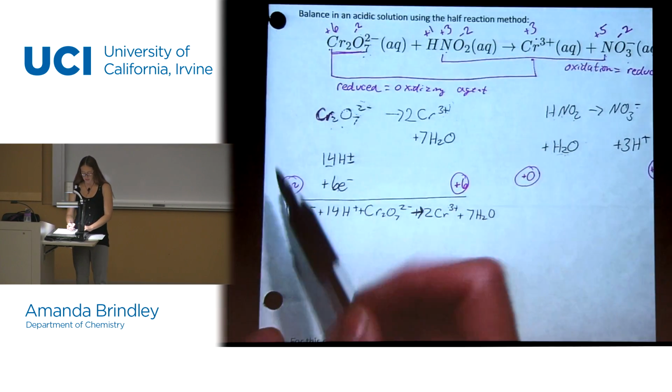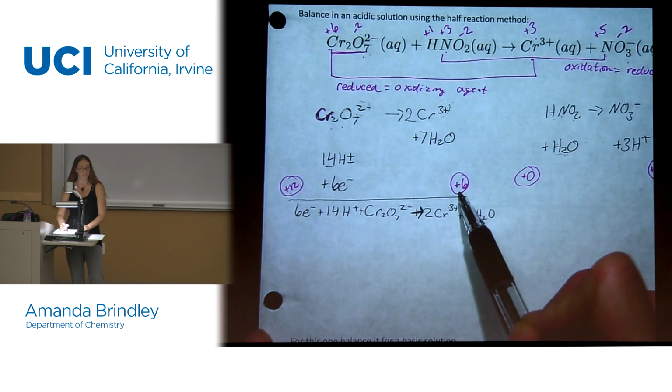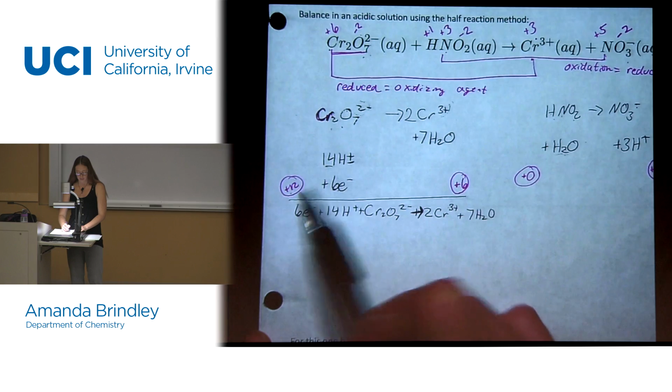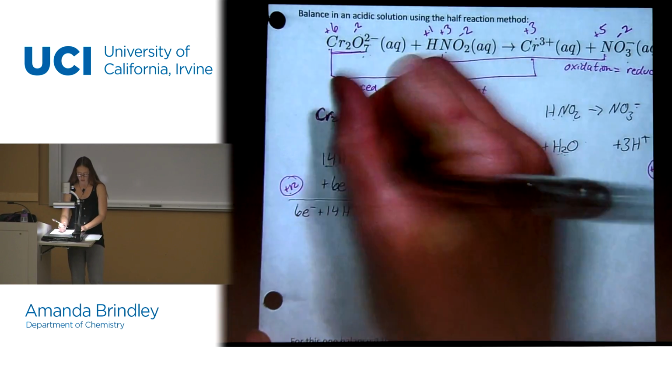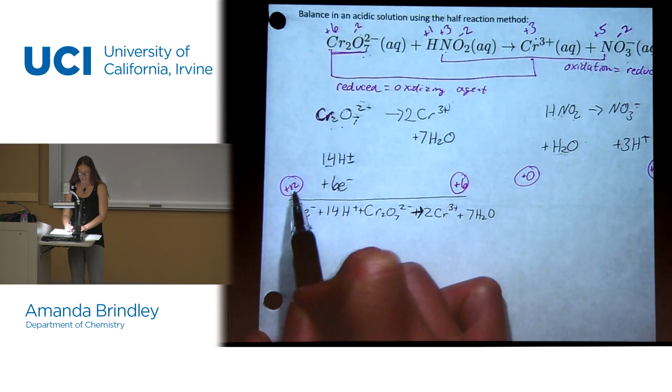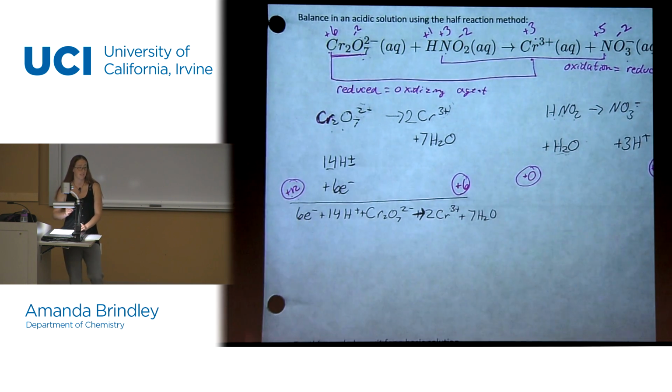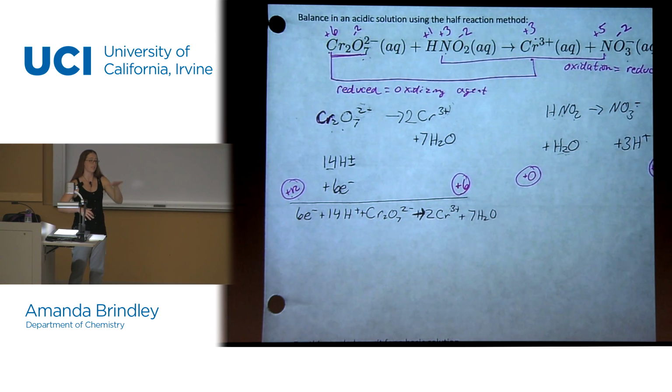So overall, I had a +12 over here and a +6 over here. So I need to add 6 electrons, because electrons have a negative charge, to get this down to a +6. Because you're always going to add your electrons to your more positive side to reduce them down to match the other side.